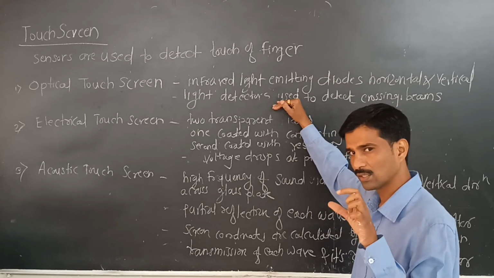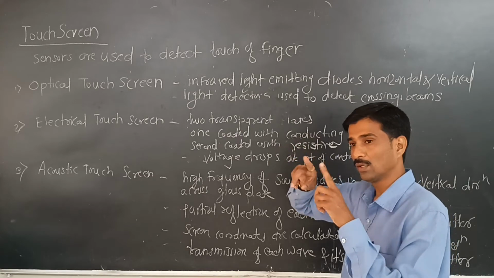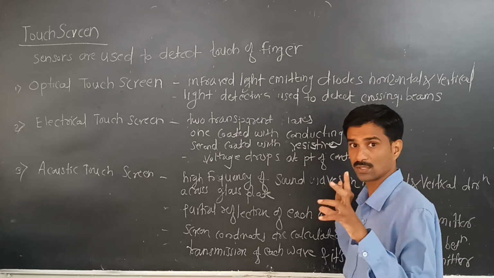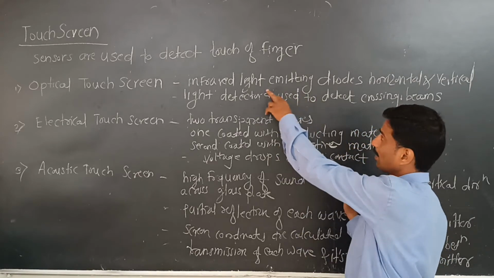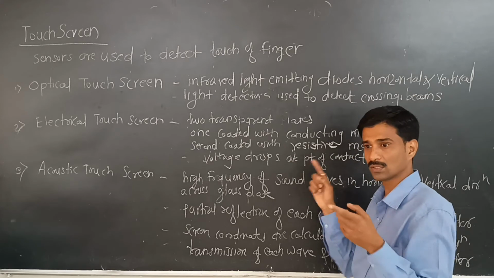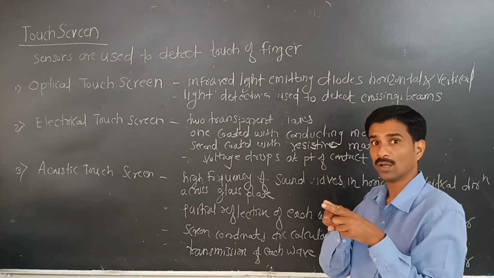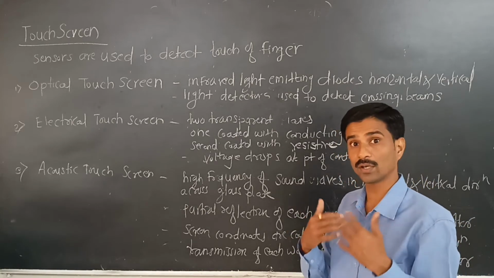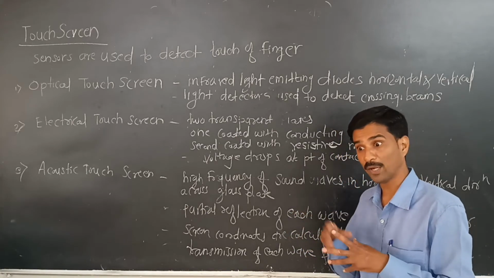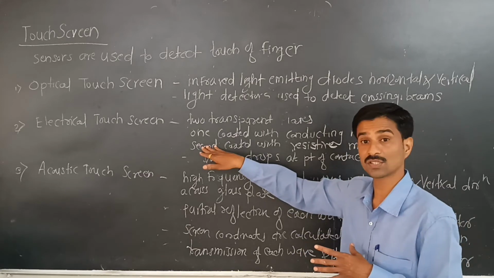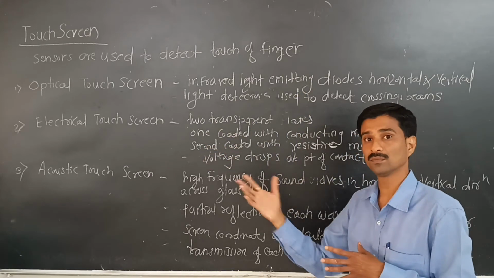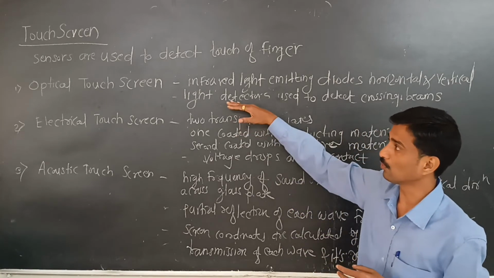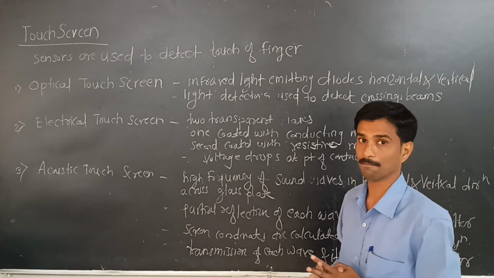When we make a touch, the beams cross each other, and that crossing point will help to calculate the coordinate of the touch. Depending on where we have touched the screen, that function will work. Okay, so that will be the working of the optical touch screen.